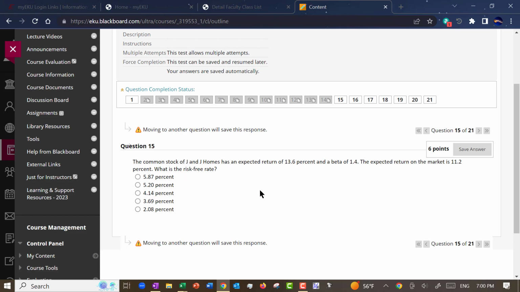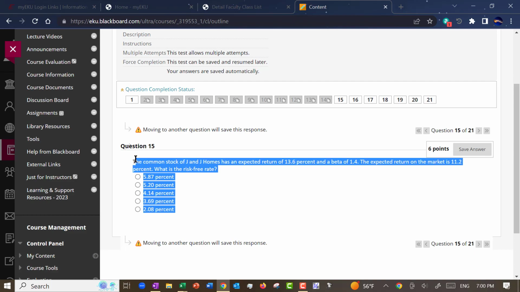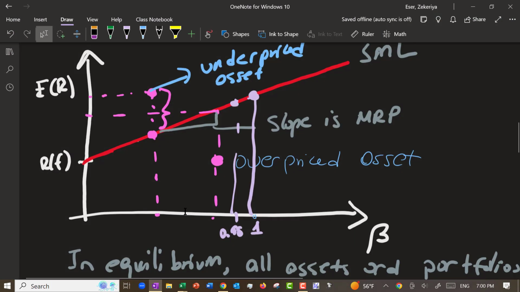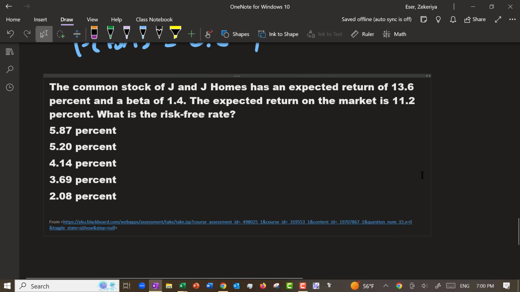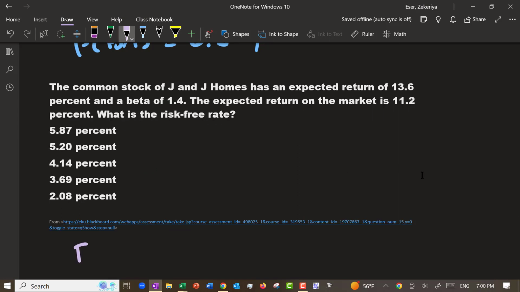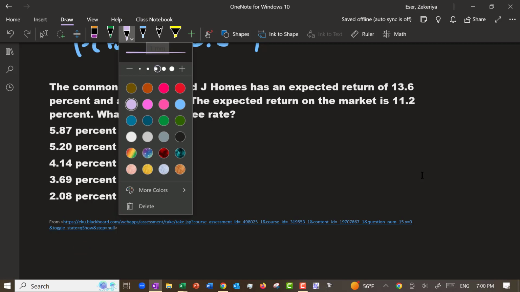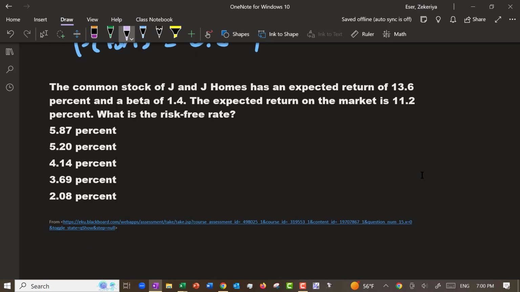We can solve this in two ways. Basically, let me make this a little bit less thick, because it takes a lot of room on the PDF.